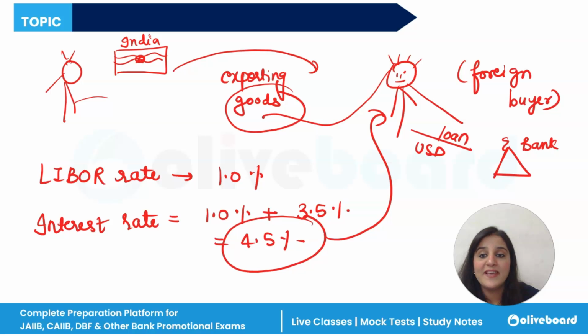The advantage for the exporter is that foreign currency loans often come at a lower interest rate compared to our domestic loans, which helps reduce finance costs and makes their products more competitive in global markets. So this is the example, and this is the meaning of export credit.